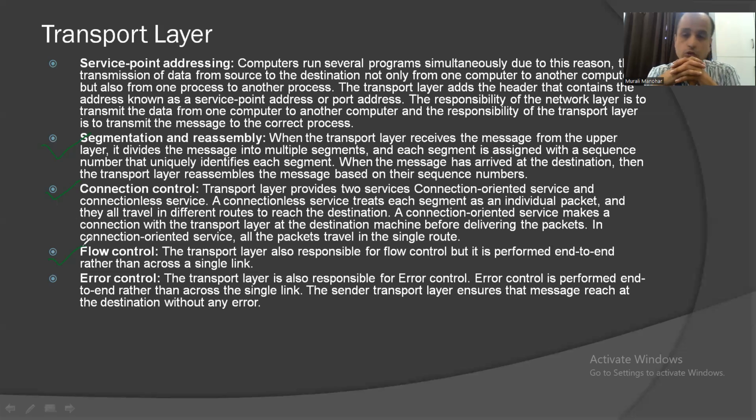One is connection oriented, and the second is connectionless. In case of connection oriented, all data is transferred through the same link, and in case of connectionless, data can be transferred through multiple links. And for controlling of data, meaning flow control and error control, the acknowledgement technique is used.